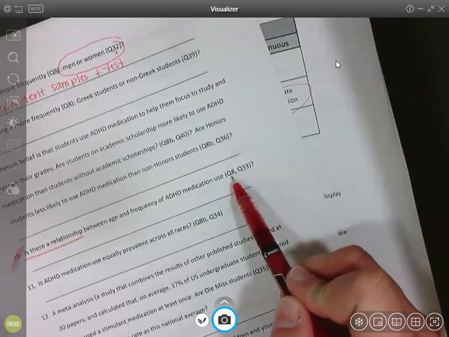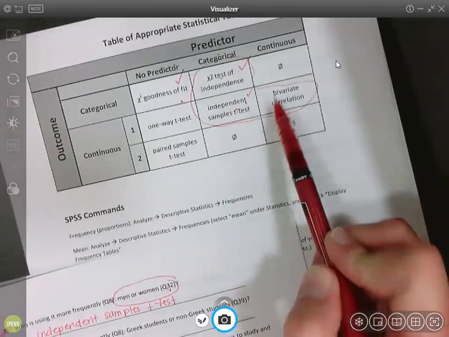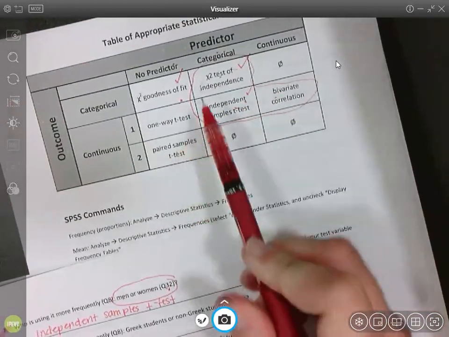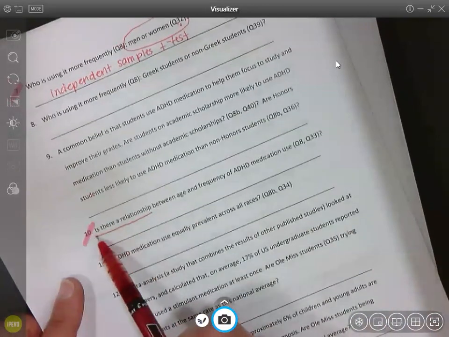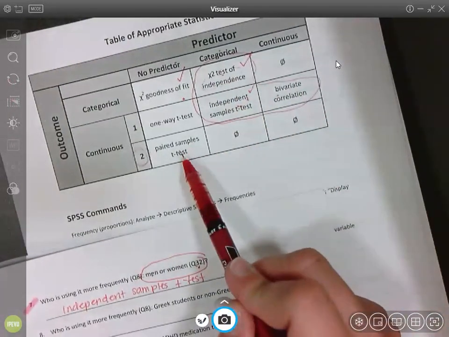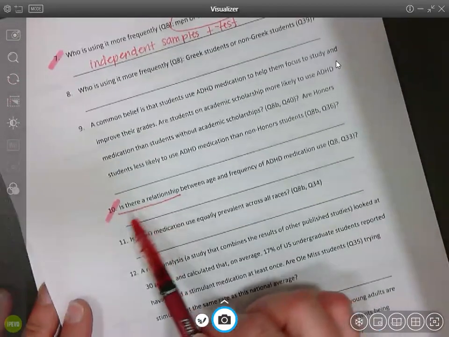That means you have to do a test that uses two variables, so it has to be one of these three or the paired samples t-test, which has no predictor but two continuous variables. However, if it says, is there a relationship, that means predictor. Paired samples t-tests don't look at relationships, they look at differences. So we know we have a predictor here.